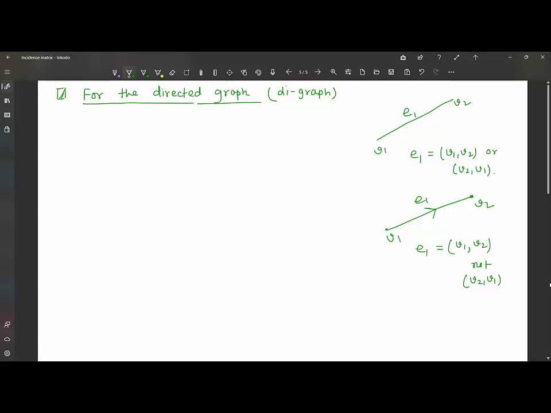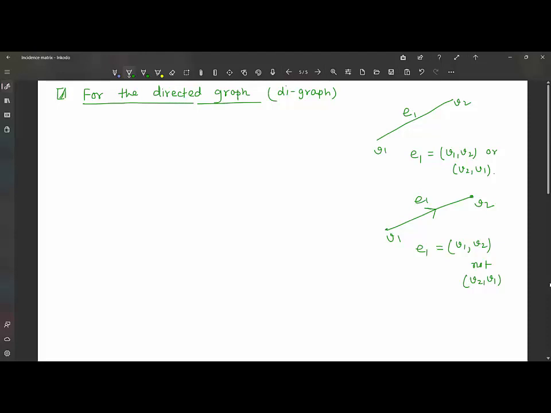Now we come to the directed graph concept, how we can draw the incidence matrix for a directed graph. A simple difference is there. We put 1 if the edge is directed out from a vertex, and if it is directed in, then we place -1.